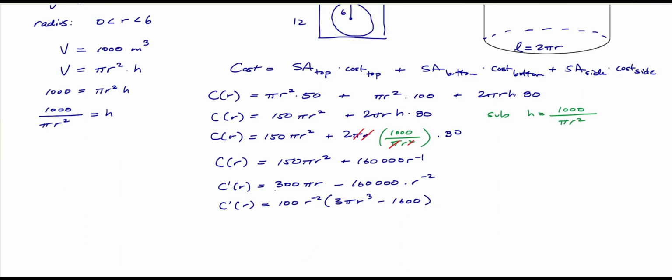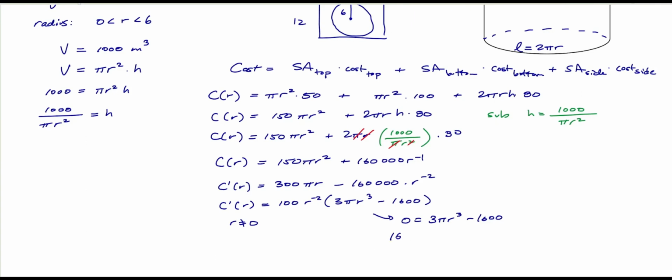Obviously radius can't equal 0, so I can write radius does not equal 0 for contextual reasons, as well as creating an undefined expression here. So the only critical point I'm going to look at is when this is equal to 0. I'm going to rearrange and solve.